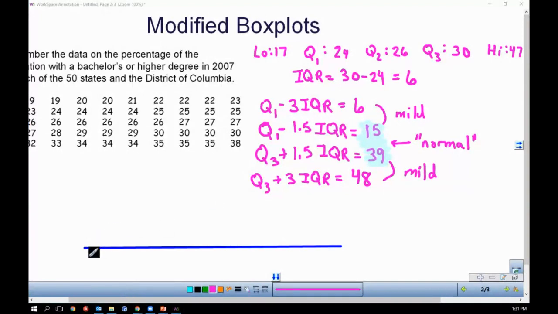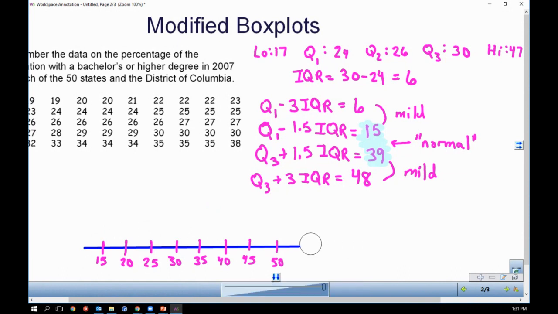We're going to count by fives. 15, 20, 25, 30, 35, 40.